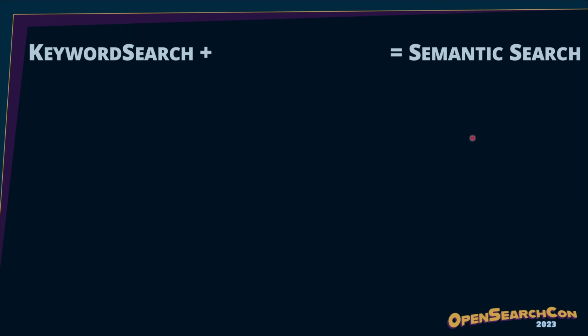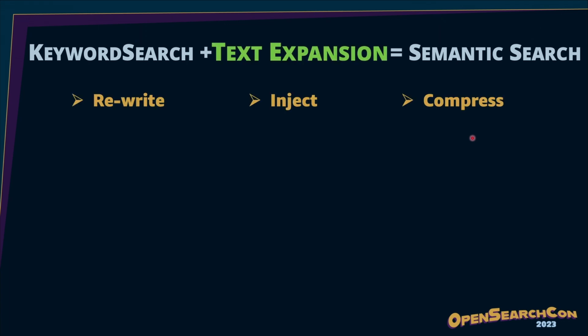Okay, so in the formula of a keyword search, to make it a semantic search, what's missing? What's the factor missing here? Text expansion. So when we are able to expand the documents and optionally queries and then do your keyword search, we can make it a semantic search. So when I talk about expansion, what I mean here is three different aspects of expanding your documents and queries.